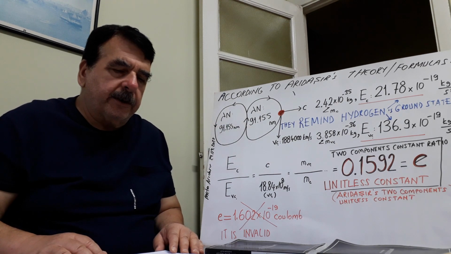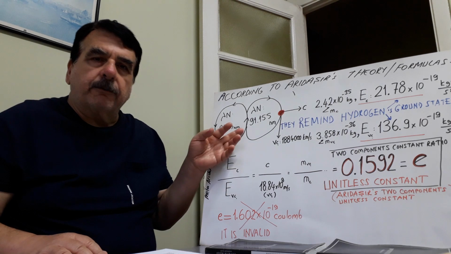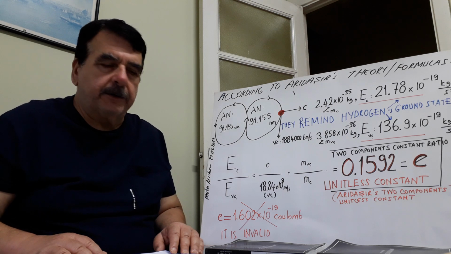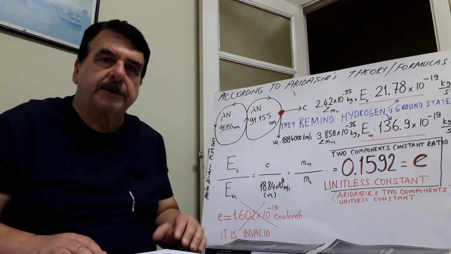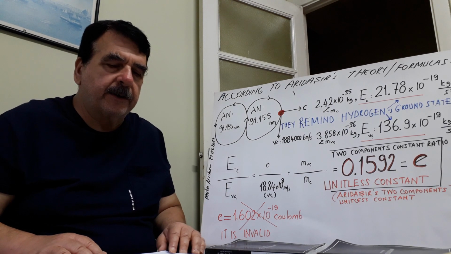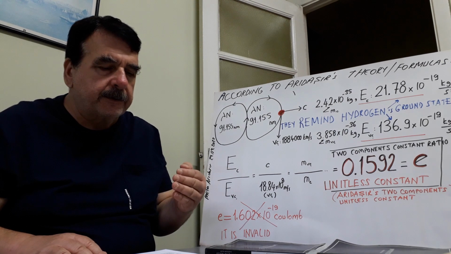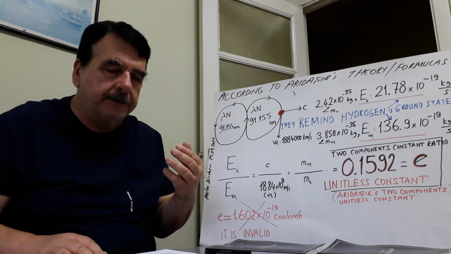Because according to me, 91.155 nanometer is the wavelength of the most common kind of electron motion form in our universe and in our atoms.